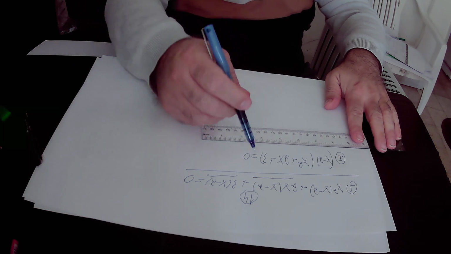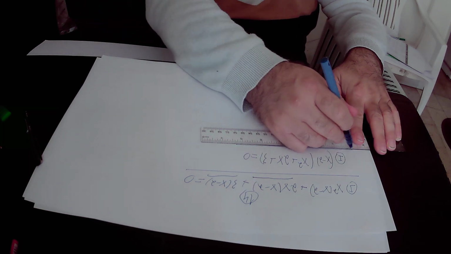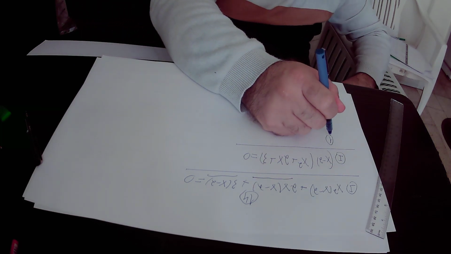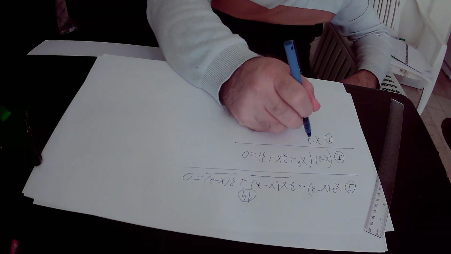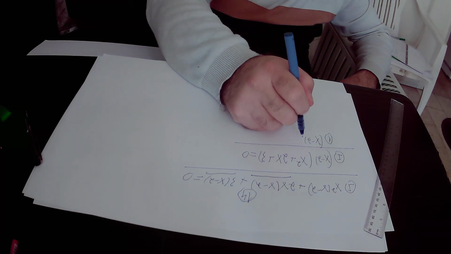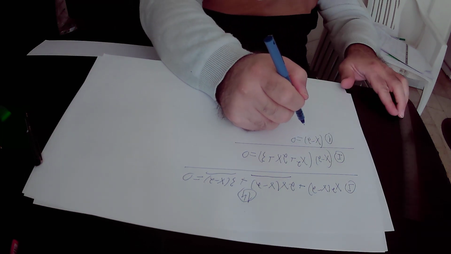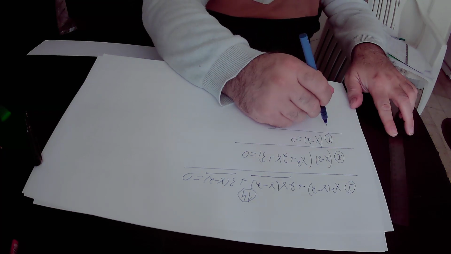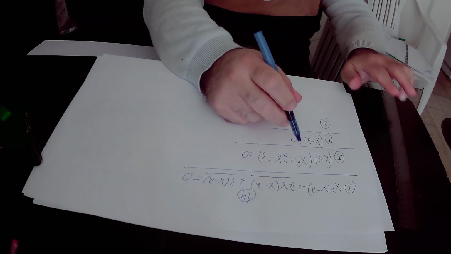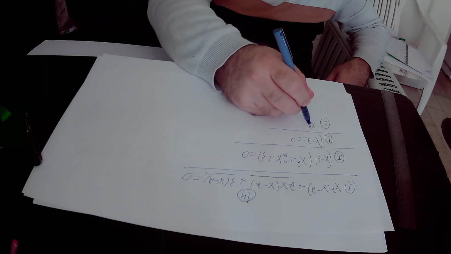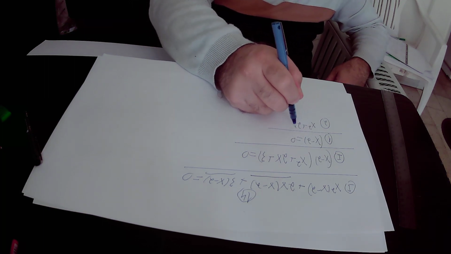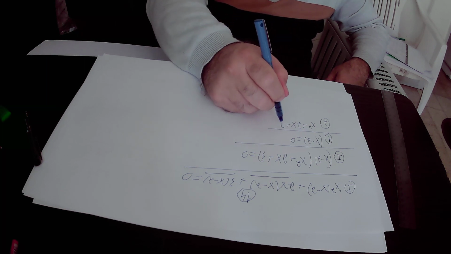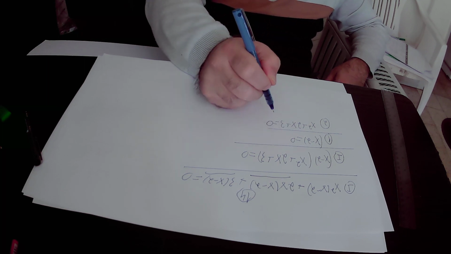The first possible solution is that x minus 2 equals 0. That is the first solution that is possible for equation number 1. And the second solution that is possible for equation number 1 is that x squared plus 2x plus 3 equals 0.